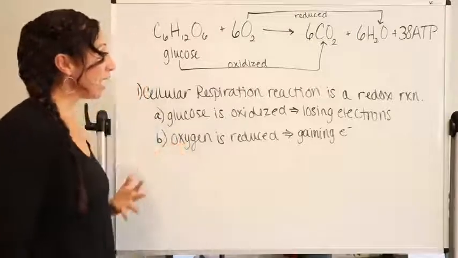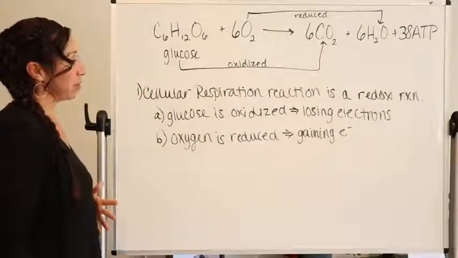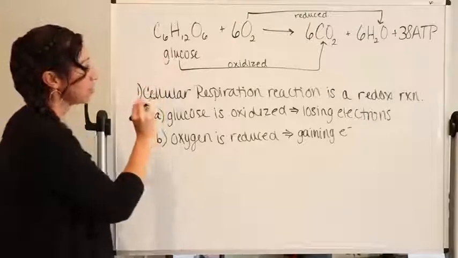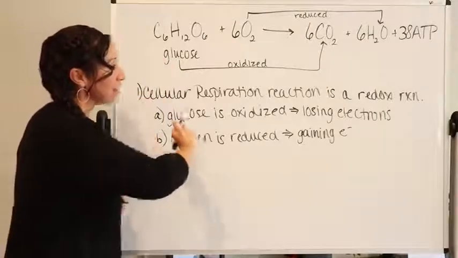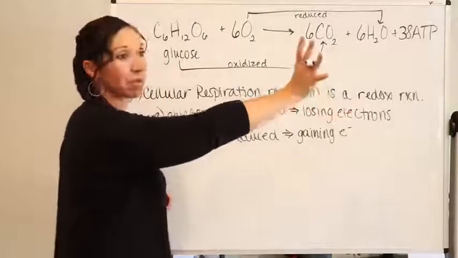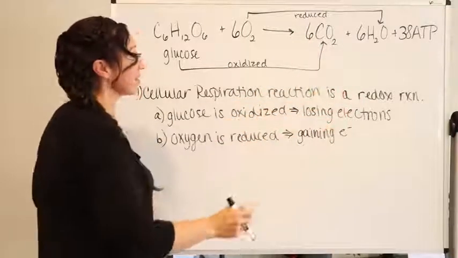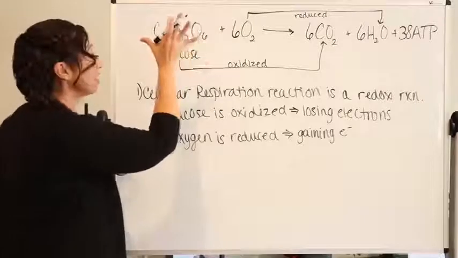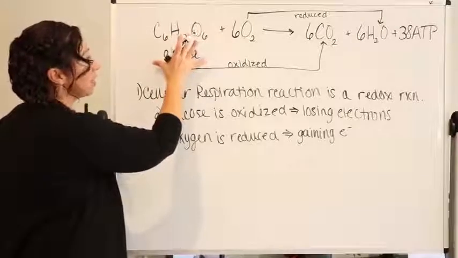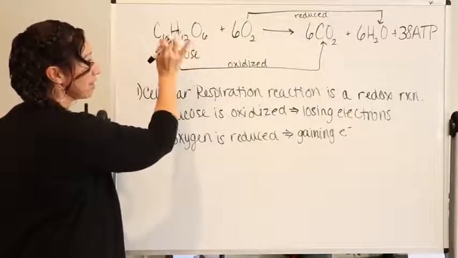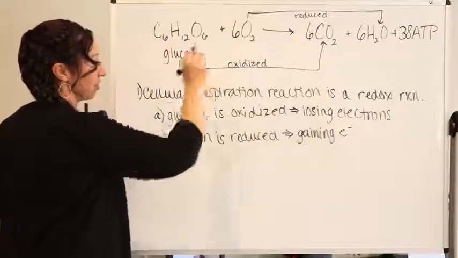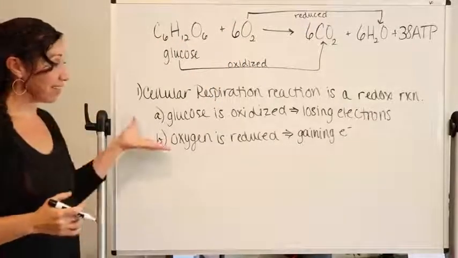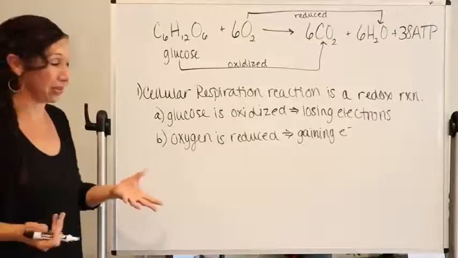And so we have a mechanism in place to allow us to take the electrons from glucose a little bit at a time and transfer them over time to make more energy. So there's a lot of potential energy stored up in glucose. And we're just going to break it away a little bit at a time to make a ton of energy on the other side. So this is our cellular respiration reaction. It is about electrons, so you have to know that.